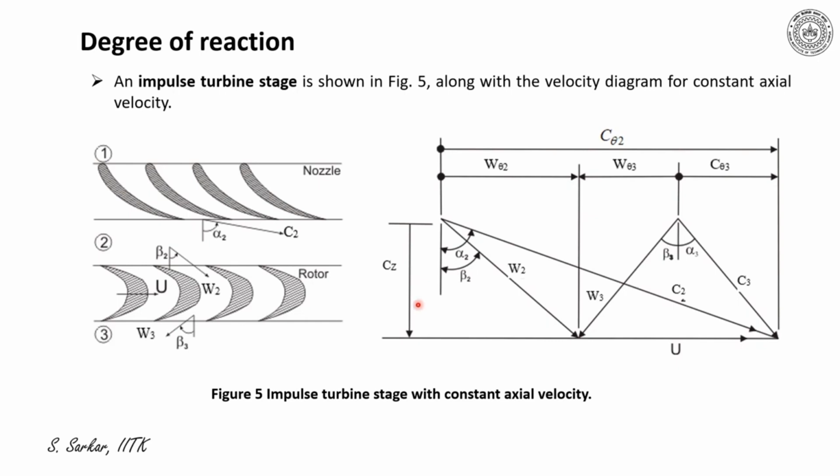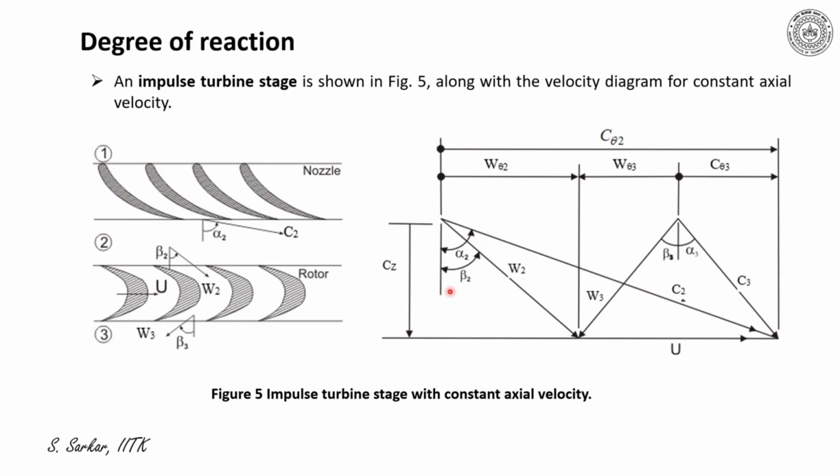Furthermore, W theta 2, W theta 3, and hence C theta 2 and C theta 3 are the tangential components of W2, W3, C3 and C2.